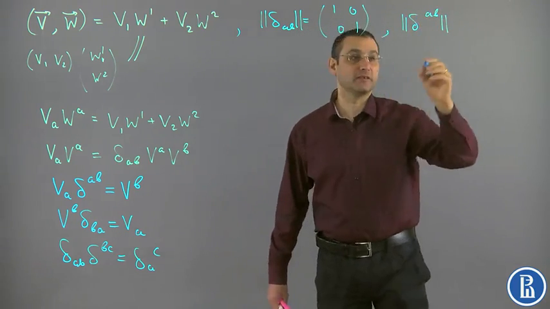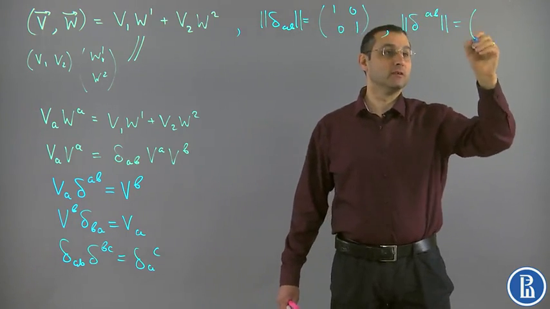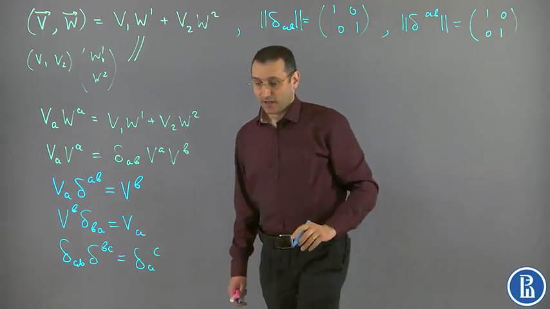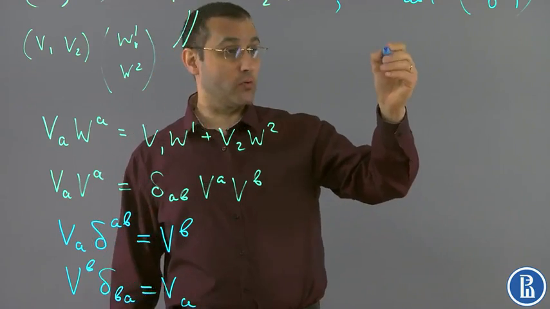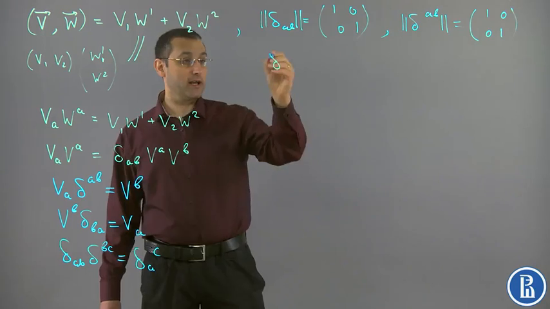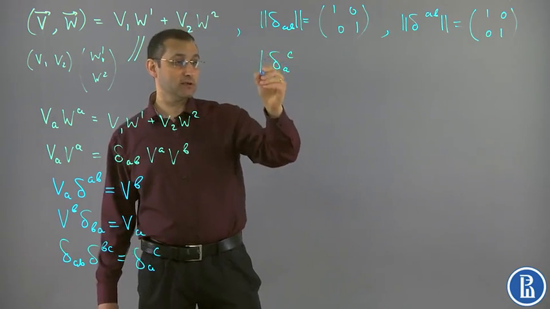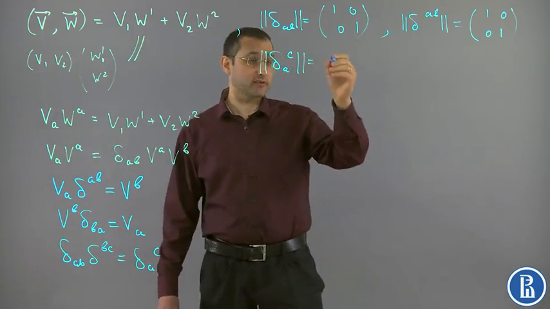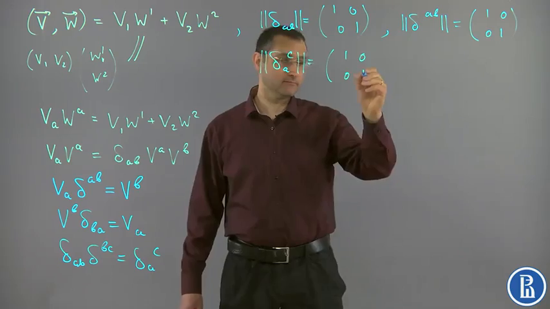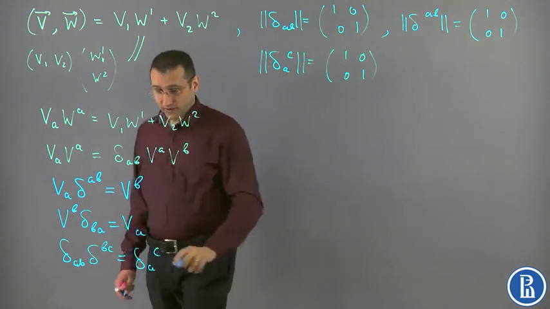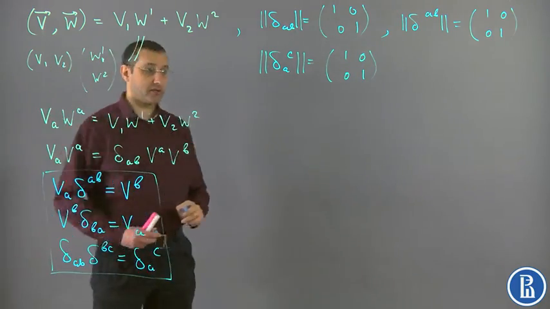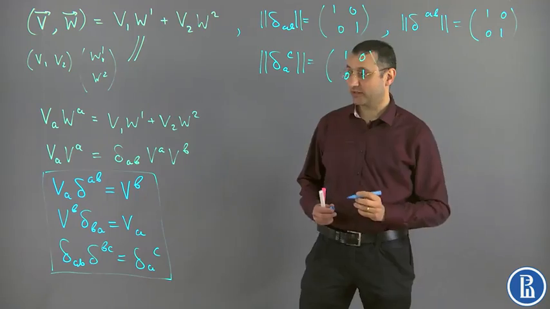We'll encounter a slightly different situation later, but for now its matrix is also like this, and delta AC is also a Kronecker symbol, so it's a unit matrix. So using these things, we can map lowercase and uppercase indices to each other. That's the reason we need them.